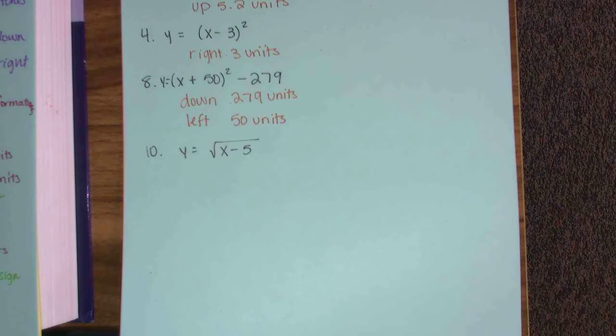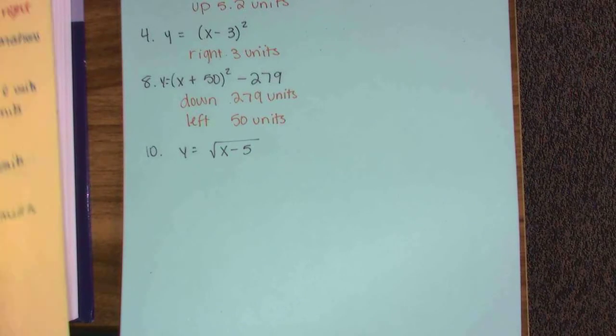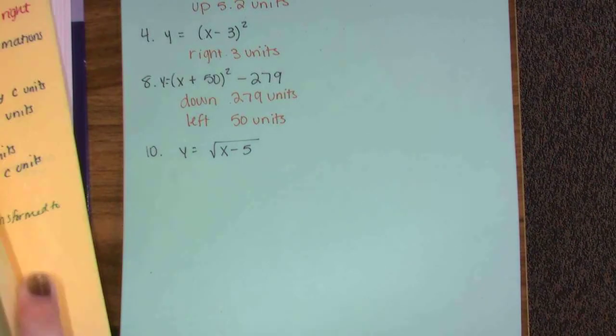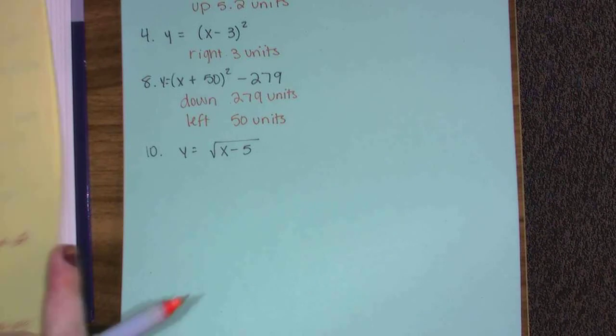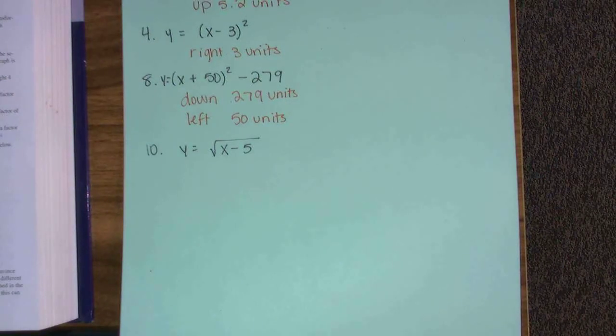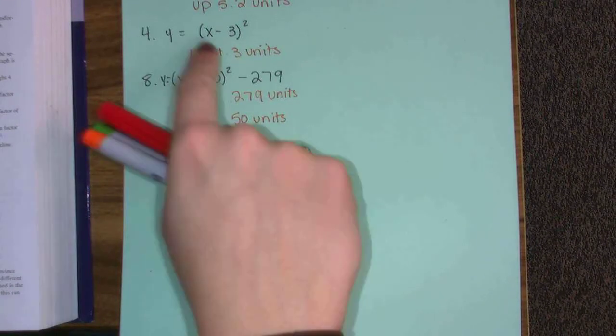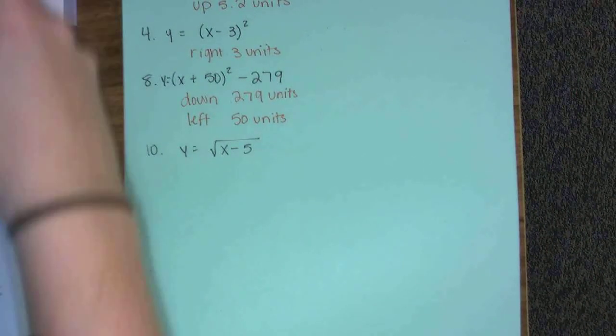What do you mean? Hold on a second. I need to verify one thing really quick, because I think if it's under the square root, we consider it as in the parentheses like we did with 4.